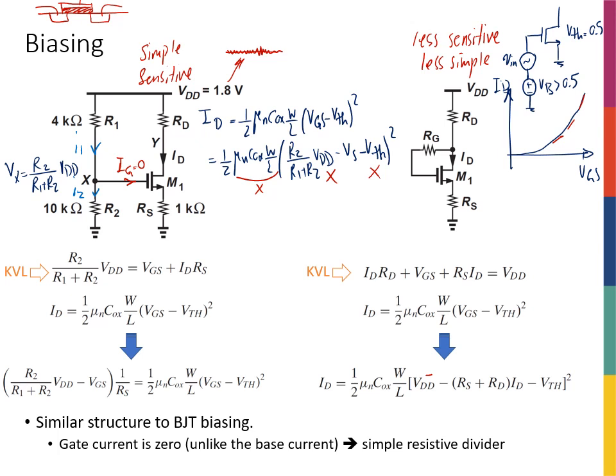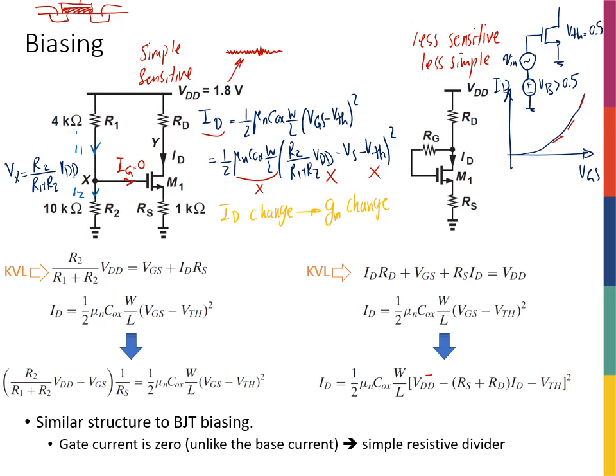So why is a changing current important? Well, if I don't have a constant ID, then if ID changes, it means that my gm is going to change. And if gm changes, we'll see that the voltage gain of my transistor or my amplifier is going to change, right?